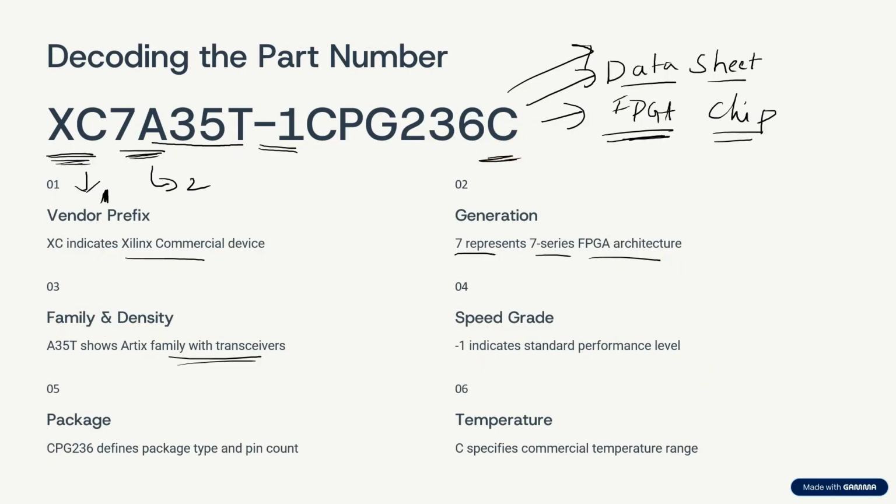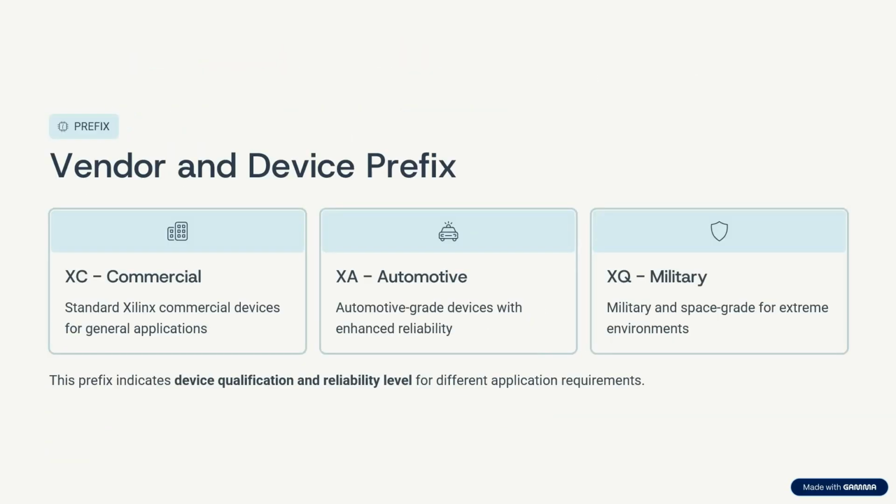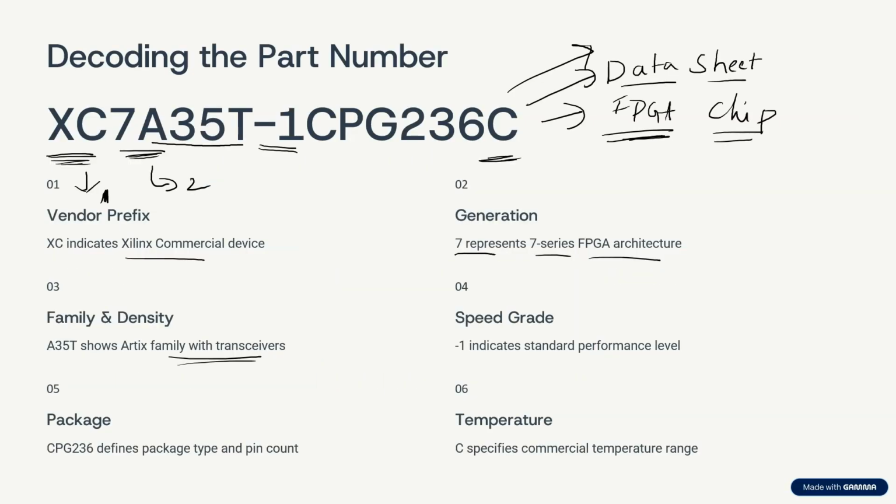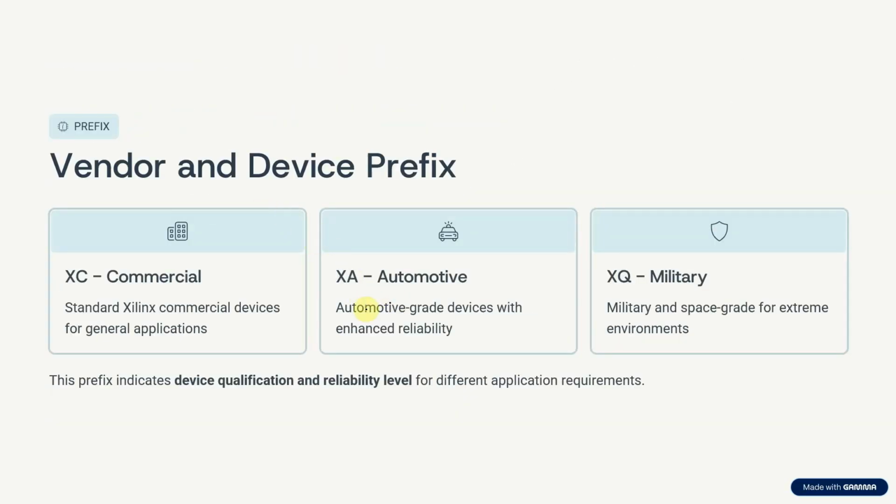This is not mandatory that you need to know completely. You just need to have an idea of what this part number is basically telling you, right? So in more detail, XC stands for the Xilinx commercial device for general purpose. You also have something known as XA. If you have XA written in your part number, it is for automotive grade devices with enhanced reliability, right?